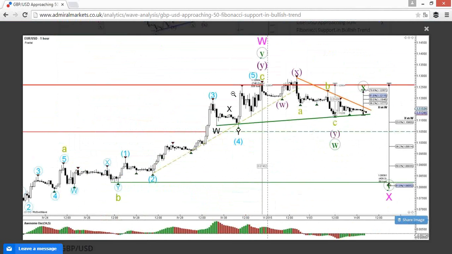I don't want to necessarily bore you with that now, but ultimately what we had on the euro dollar was that bullish push up that we were talking about, impulsive waves, which was part of a wave C, of a bigger ABC, that completed a Y and Y of W. And now we're getting a more corrective move to the downside.